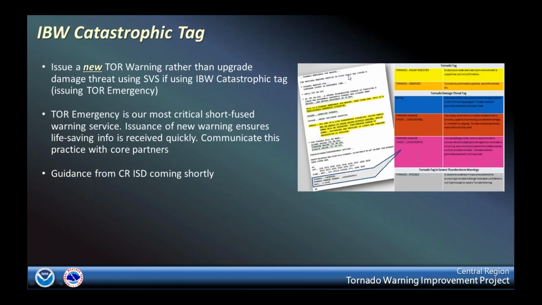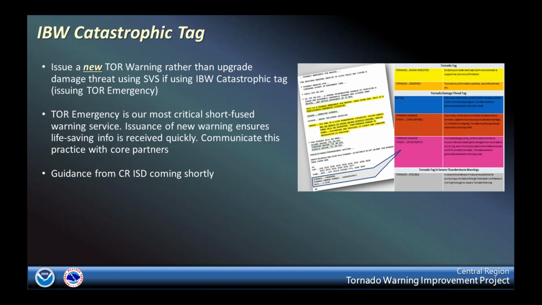Okay, let's talk about the catastrophic tag now. We had discussions with Central Region ISD, who will come out with guidance very shortly on this. But the idea here is, in the very rare event that you've issued a tornado warning and you're upgrading that warning to a tornado emergency, in other words issuing the catastrophic tag, do not do that in an SVS. Instead, issue a new tornado warning.